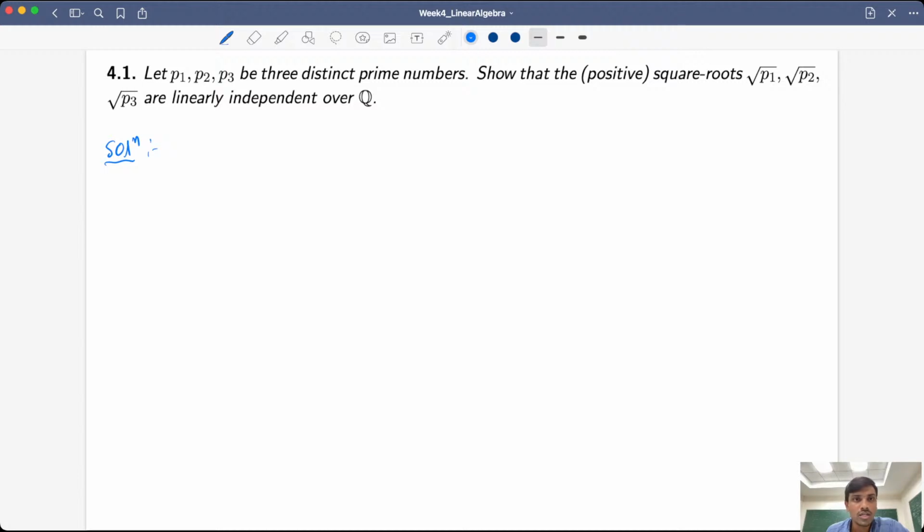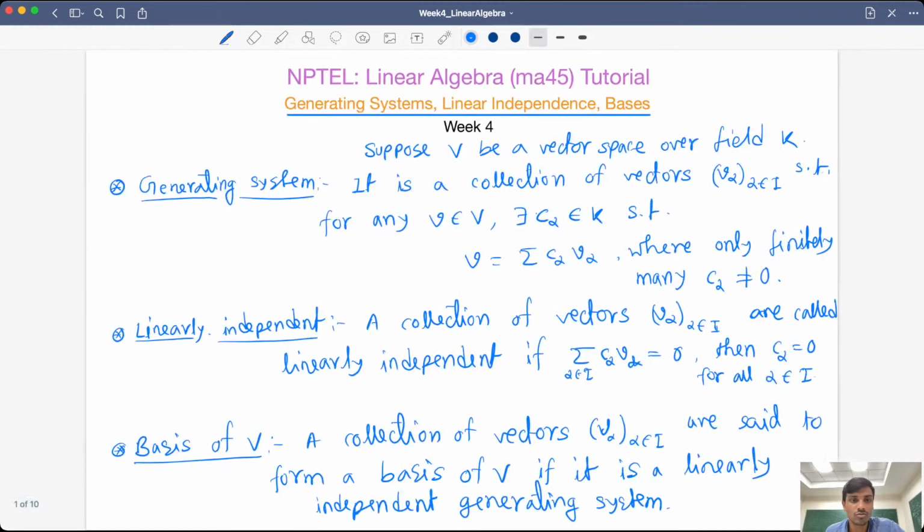To show linear independence, we must consider that whenever you take a linear sum of those things equal to 0, then you must have C alpha equal to 0.